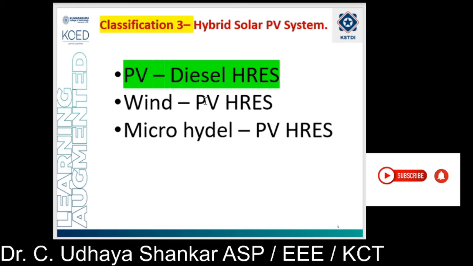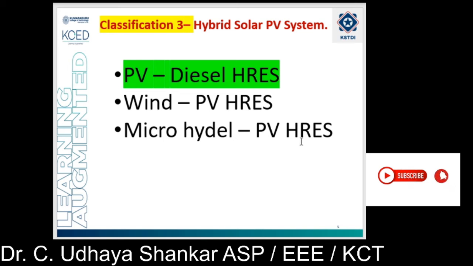HRES is more advantageous over standalone and grid connected systems for remote locations because of its high reliability and less cost. It is very much less costly when compared to grid connectivity as well as the standalone system. There are three different types of PV HRES: PV diesel, wind PV HRES, and micro hydel PV HRES.